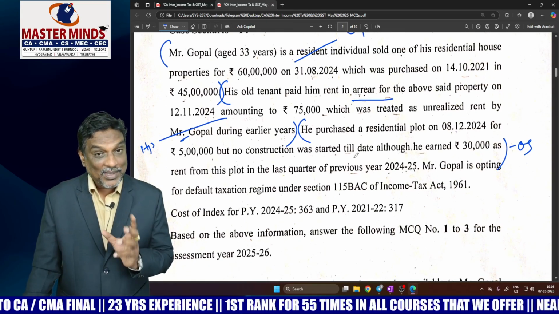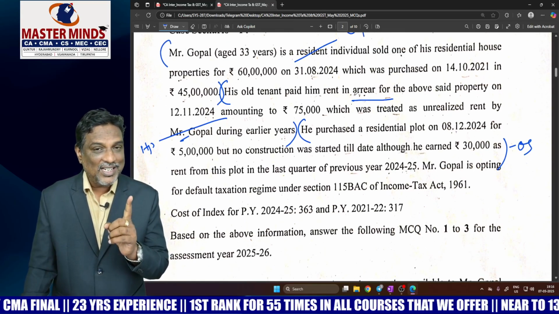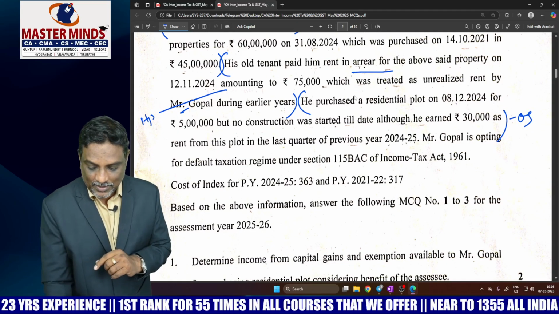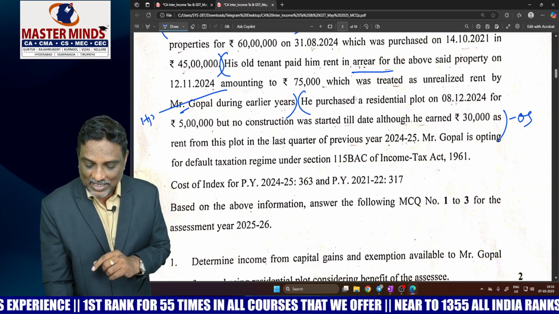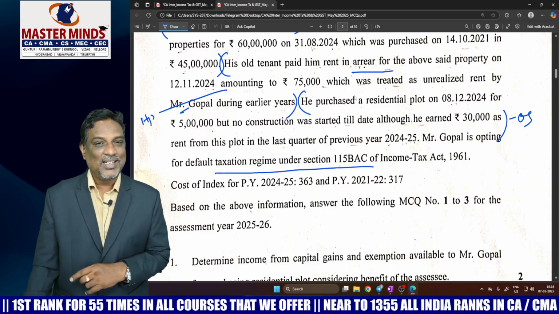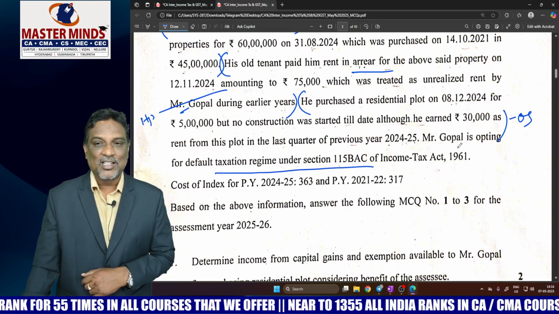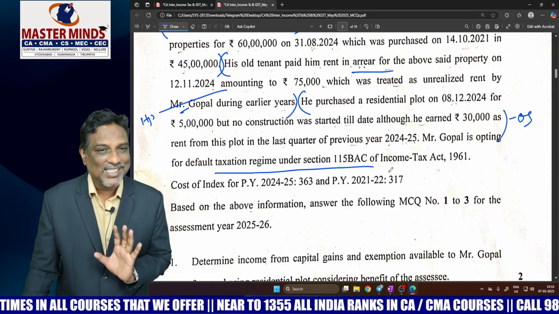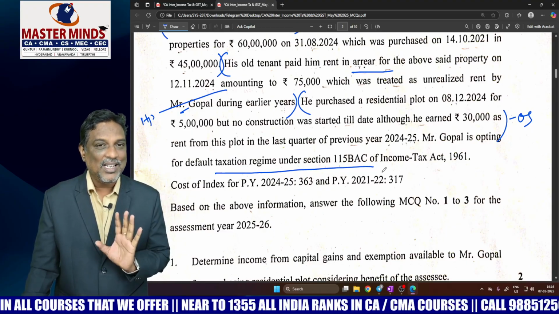Something new in this problem is that the grandfathering concept is involved, and another thing is that you need to solve this problem under the default tax regime, 115BAC. That is another important point. Mr. Gopal is opting for the default taxation regime under section 115BAC. That is one of the important pieces of information.